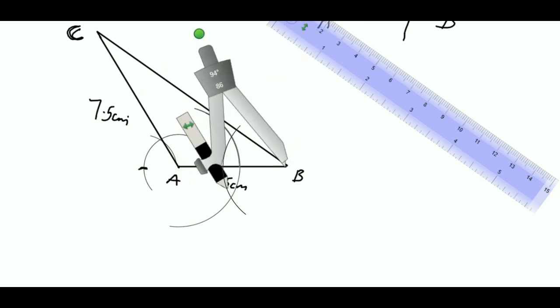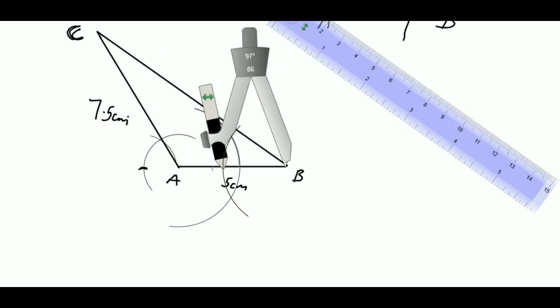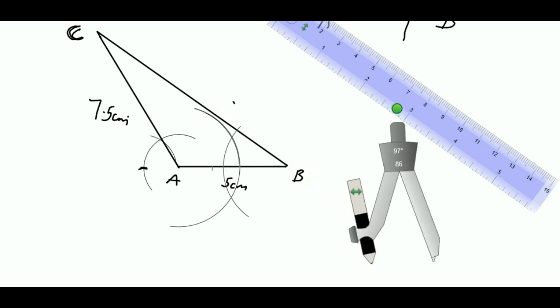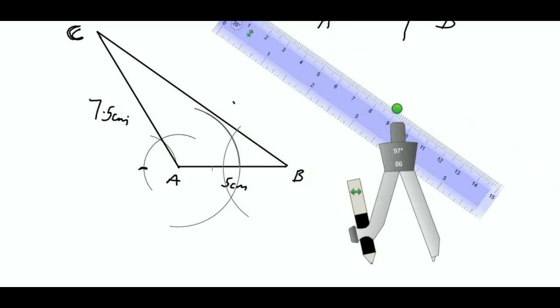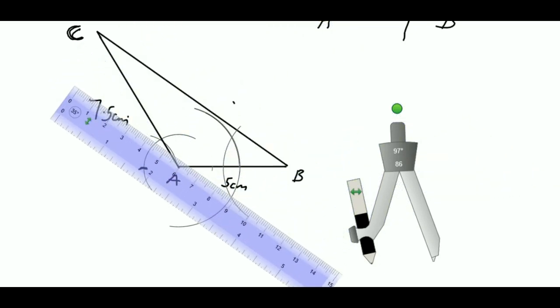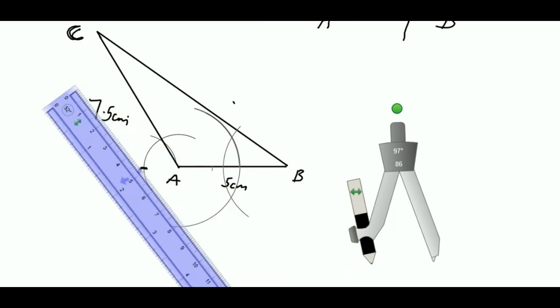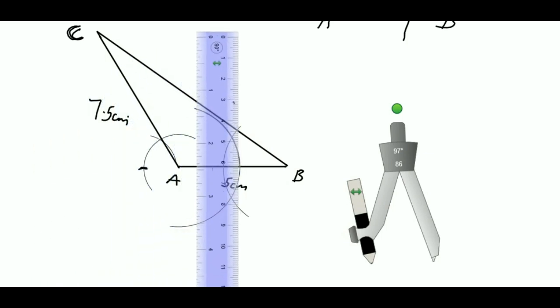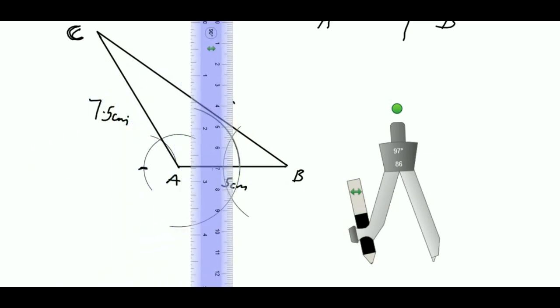Take your compass out of the way, then where these two arcs intersect, you draw a line through it. So I will adjust my ruler, then bring it right here, and I have my locus here.